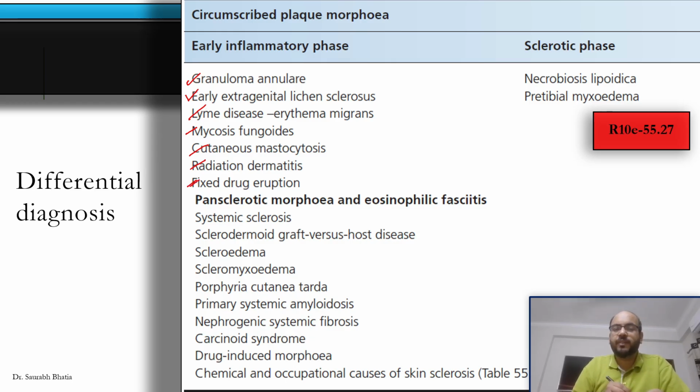In the pansclerotic variant, you can have the diffuse form of systemic sclerosis, scleroderma, GVHD, scleredema, scleromyxedema, PCT. Okay, all this drug-induced morphea, carcinoid syndrome, nephrogenic systemic fibrosis, all of these are the differentials. You can look at the list in Rook's 10th edition, page 55.27.